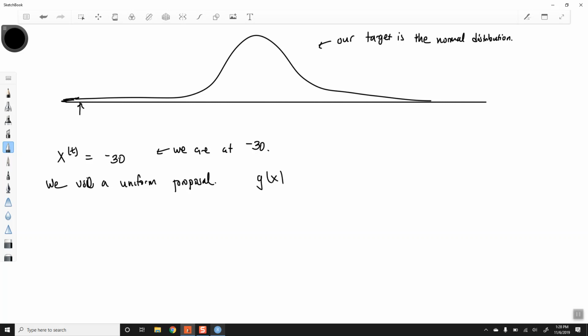Let's just say the next value we propose is going to be a uniform value from 1 less to 1 greater. So I can propose any value from negative 31 to negative 29.